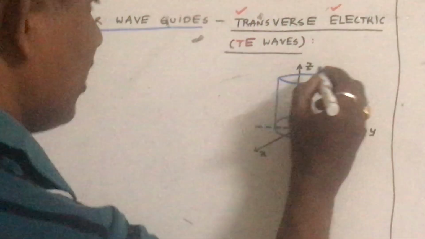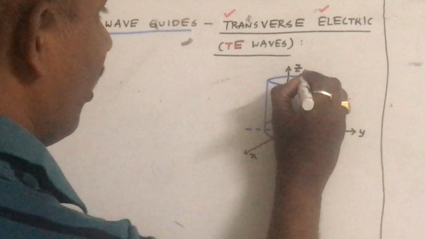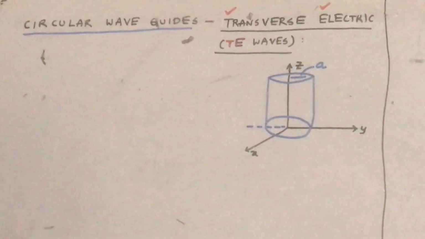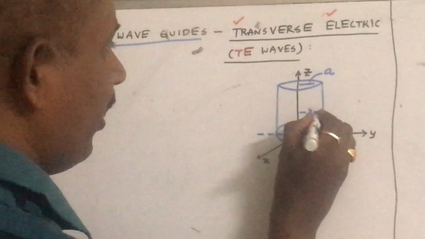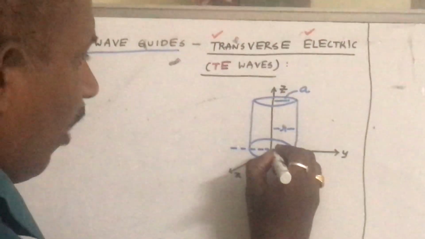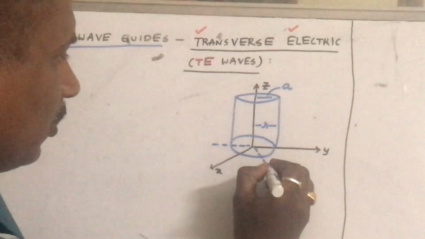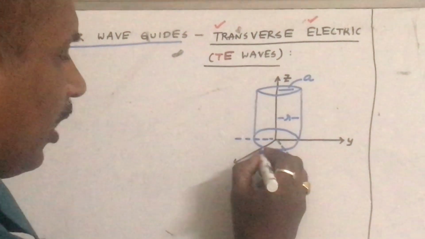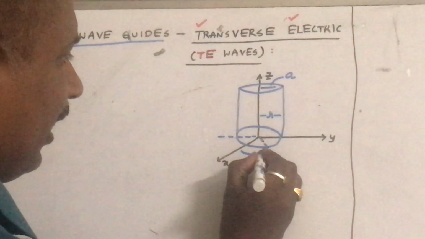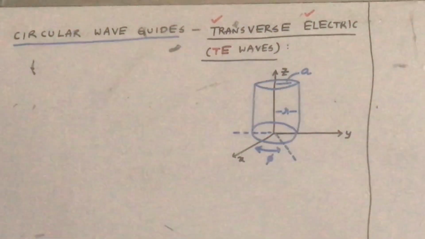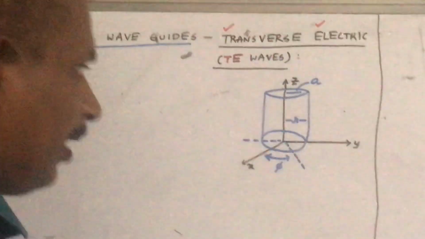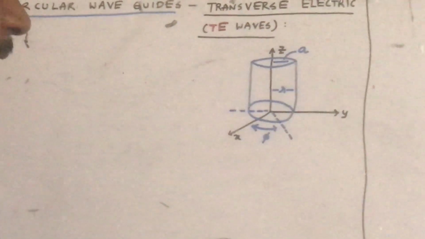Let us assume that A is the radius of the circular waveguide. Let R be the perpendicular distance of the circular section, and let phi be the angle from the x axis. So generally we represent the circular waveguide like this.